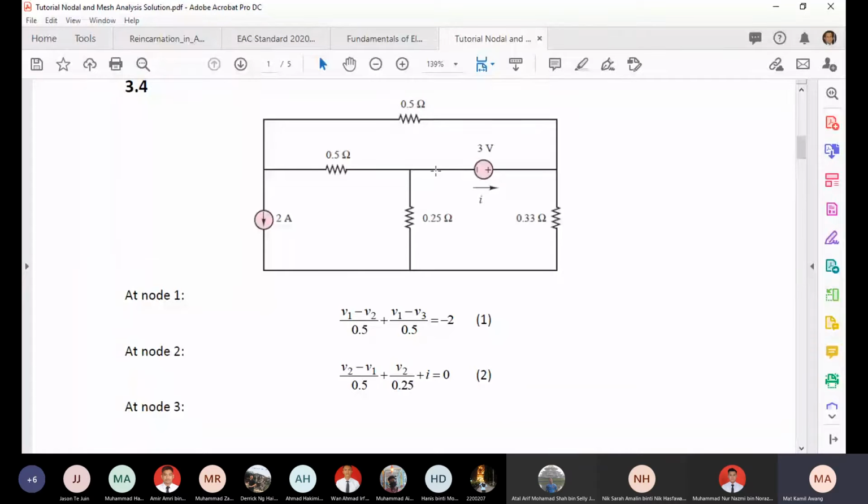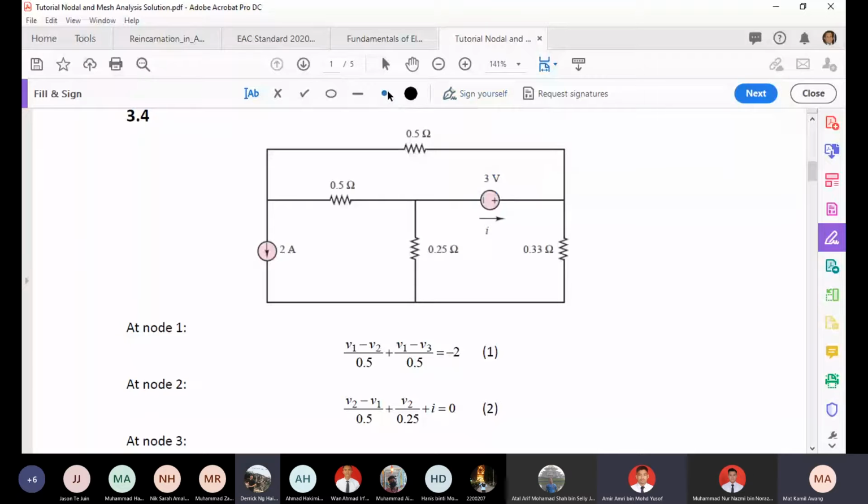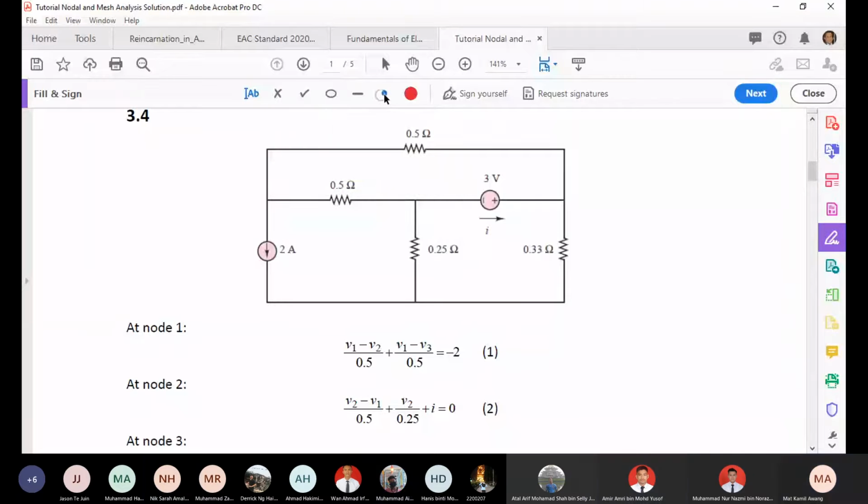So from here, how many nodes can you find? 3 nodes. 3, are you sure? I think it's 4. Yeah, 4, sir.